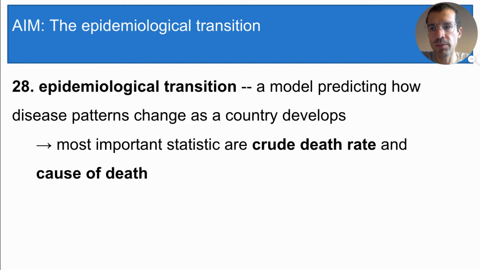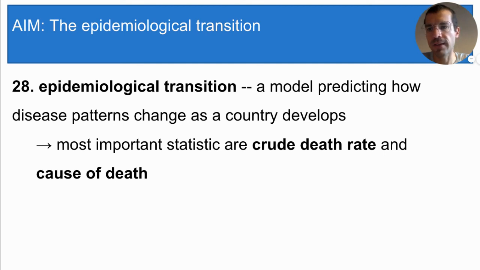And similar to the demographic transition model, the epidemiological transition model also predicts changes in a country as it develops. But unlike the demographic transition model, which looks at many different demographic changes, the epidemiological transition model focuses on just two statistics: the crude death rate and the main cause of death.